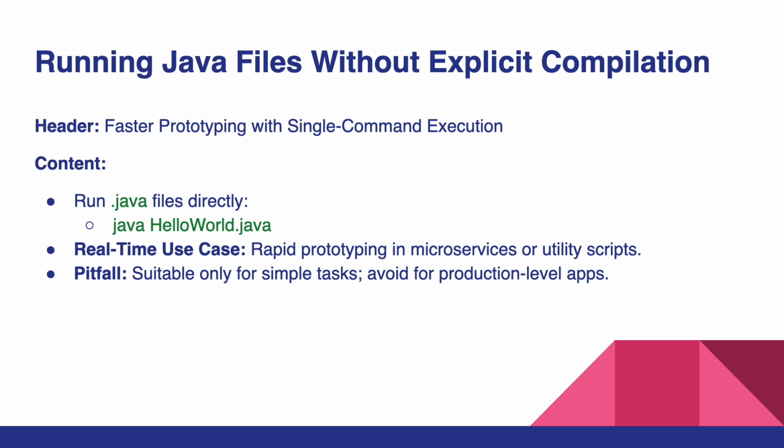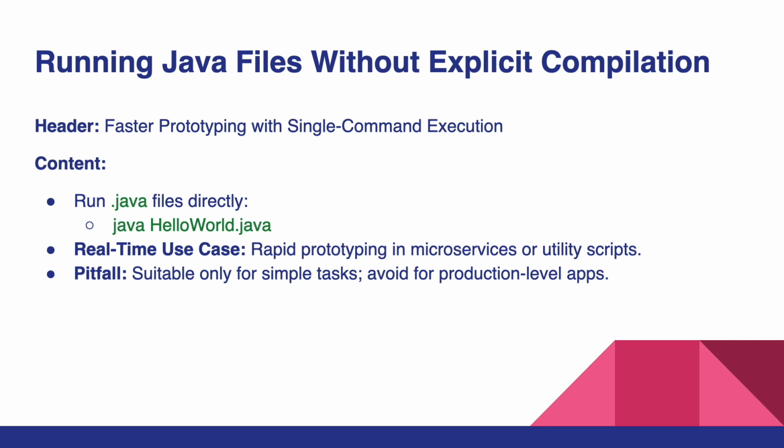One of the standout features of Java 11 is its ability to run .java files directly without explicit compilation. This streamlines the development process, especially during rapid prototyping or testing utility scripts.